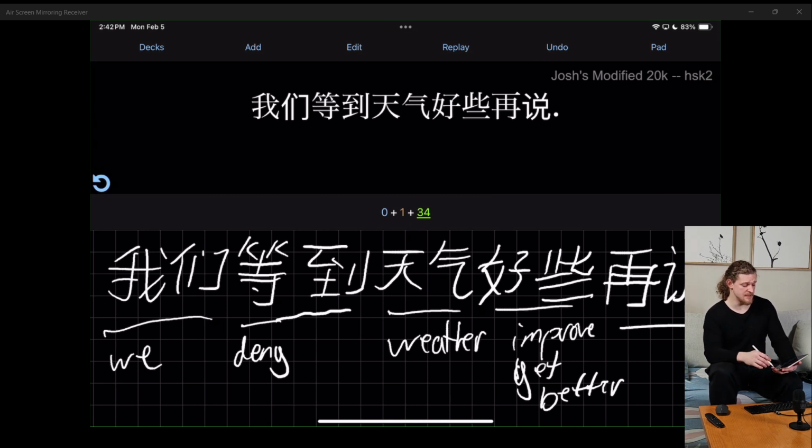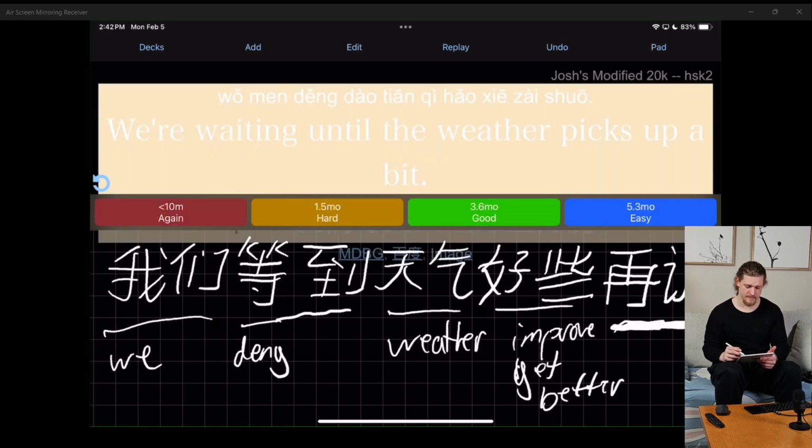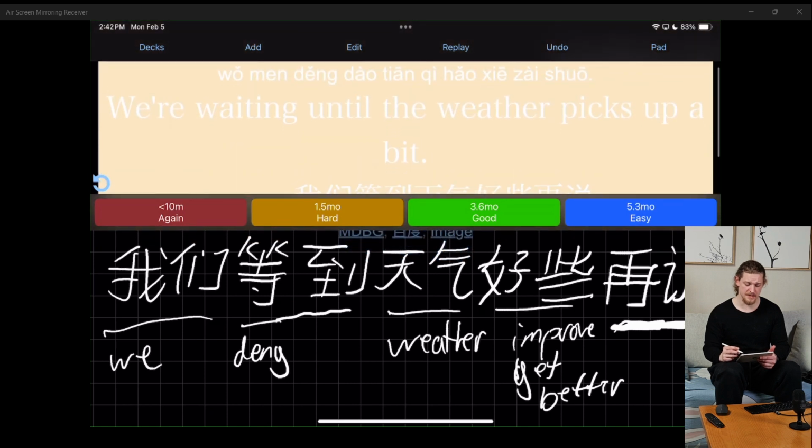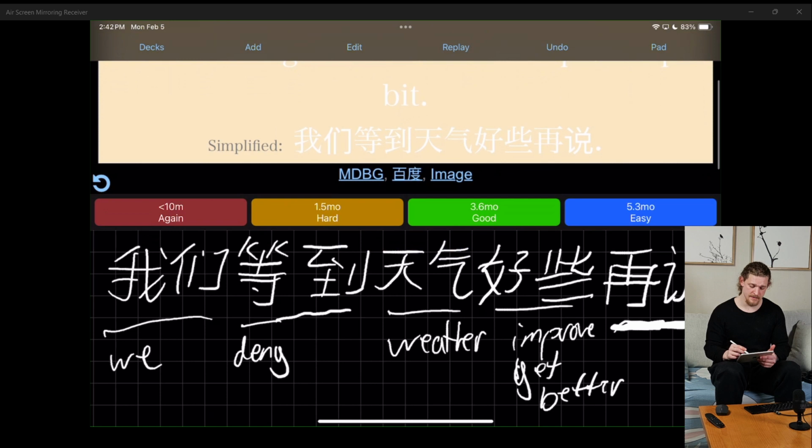So the actual translation of the sentence is, let's wait until the weather improves a little bit to keep talking about this, or let's talk about this after the weather improves a little bit. 我们等到天气好些再说。And this 再说 is used quite a lot, so that one's a good one to remember. 我们等到天气好些再说。Alright, so I go through.